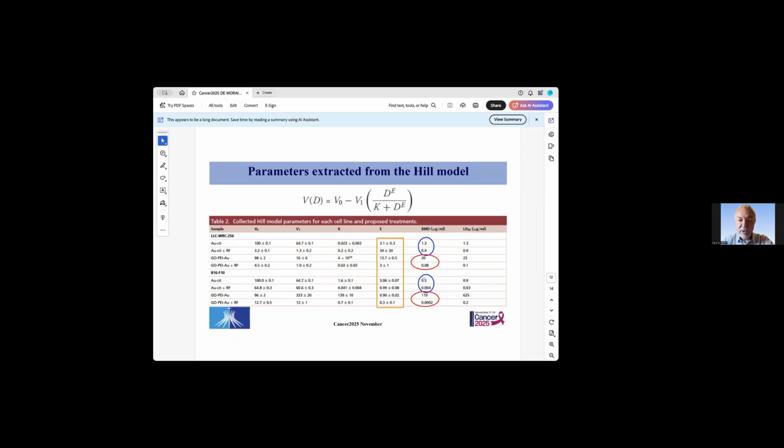So the benchmark dose for gold nanoparticles without application of radiofrequency is 0.5 micrograms per ml. If you apply the radiofrequency, it drops down 3 orders of magnitude, which is a huge difference, actually. If you look at the application using the nanocomposite, the B16F10 cell line response is even more impressive.